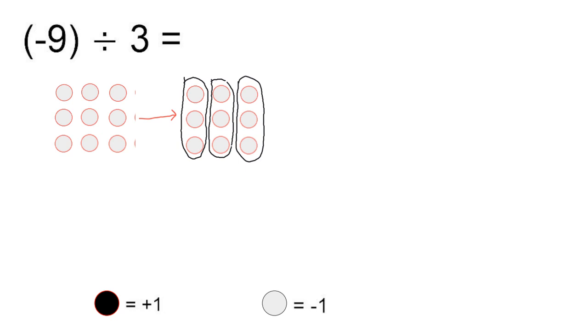So in this case, we have 3 positive groups of negative 3 shown here. Those are all negatives. So again, we have 3 groups of negative 3.